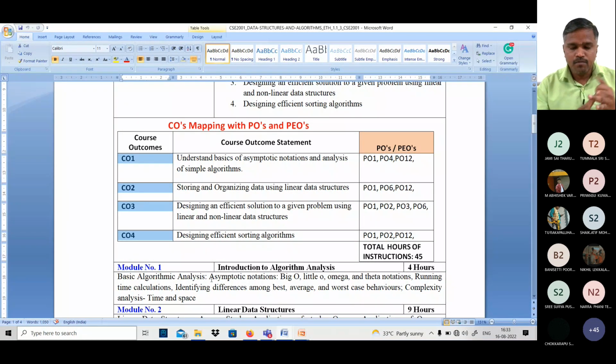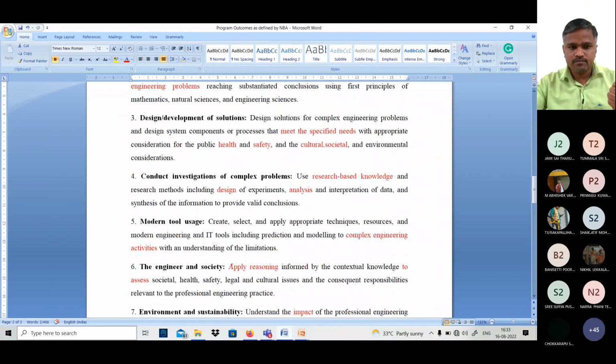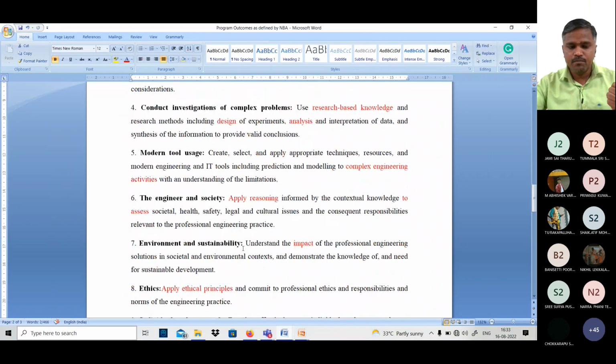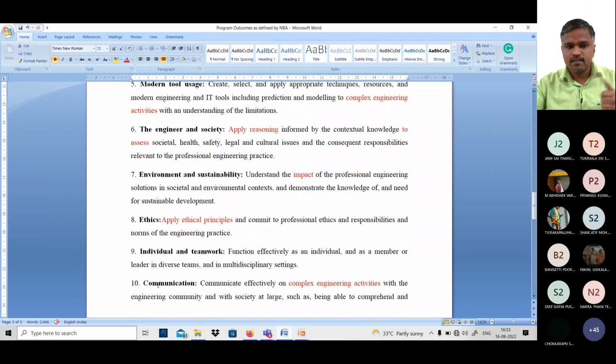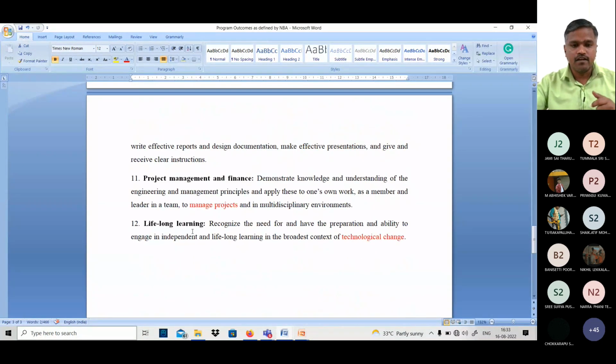Engineering knowledge, problem analysis, designing the solution, investigating complex problems, modern tool usage. The sixth one is engineering and society, and the seventh is environment and sustainability. The eighth is ethics. The ninth, individual and teamwork. The 10th, communication. The 11th, project management and finance. The 12th is lifelong learning.